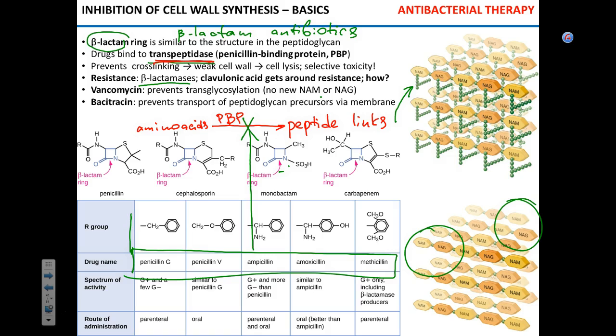In response, microbes have the enzyme called beta-lactamase, which does what? Destroys the beta-lactam rings.